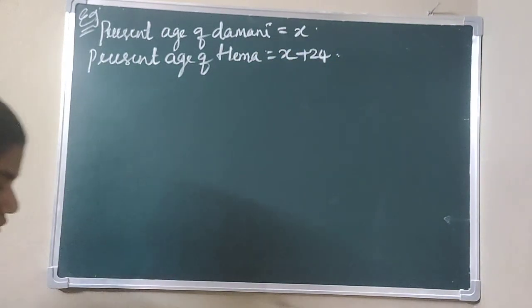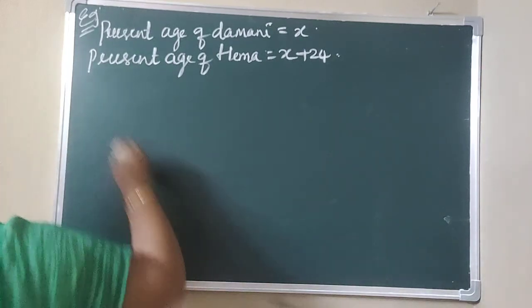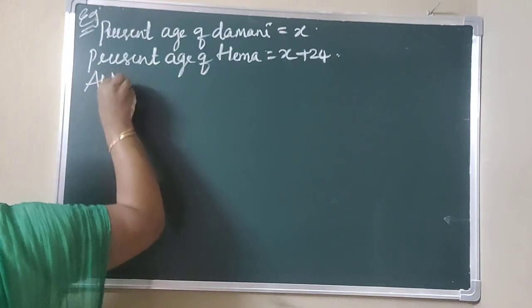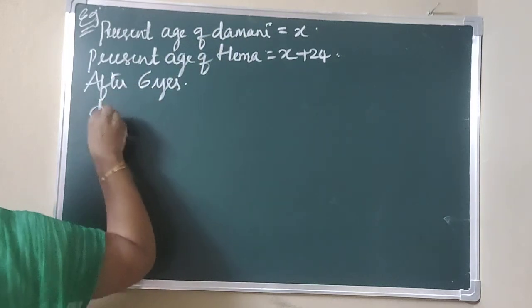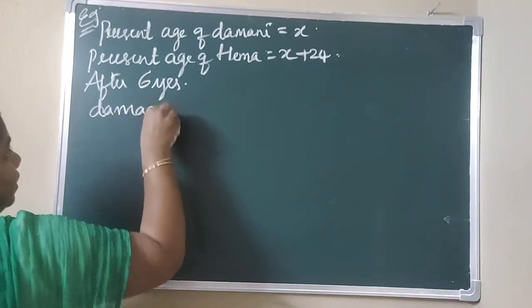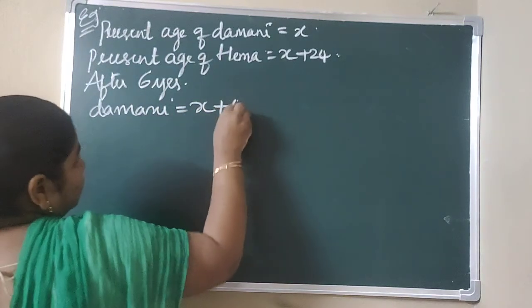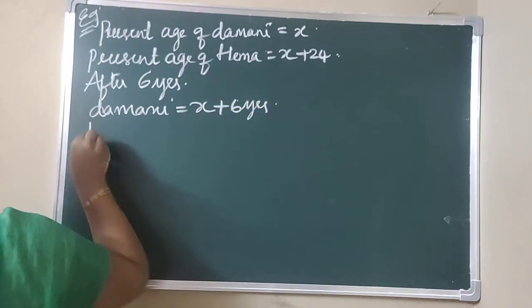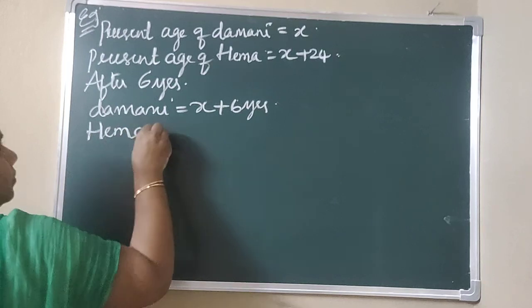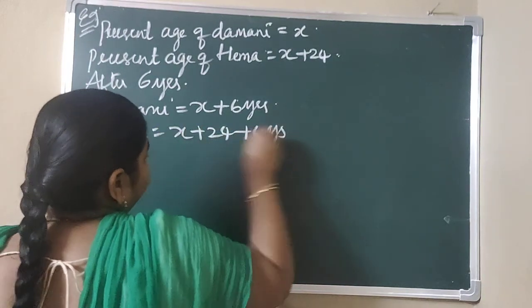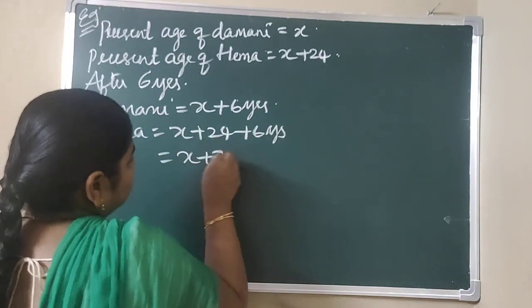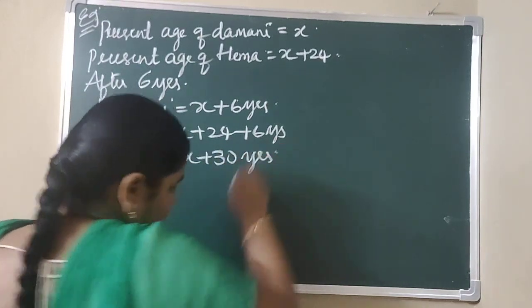Now they are talking about 6 years later. So after 6 years, what will be the ages here? Damini's age will be x plus 6 years and Hema's age will be x plus 24 plus 6, so it will be x plus 30 years.